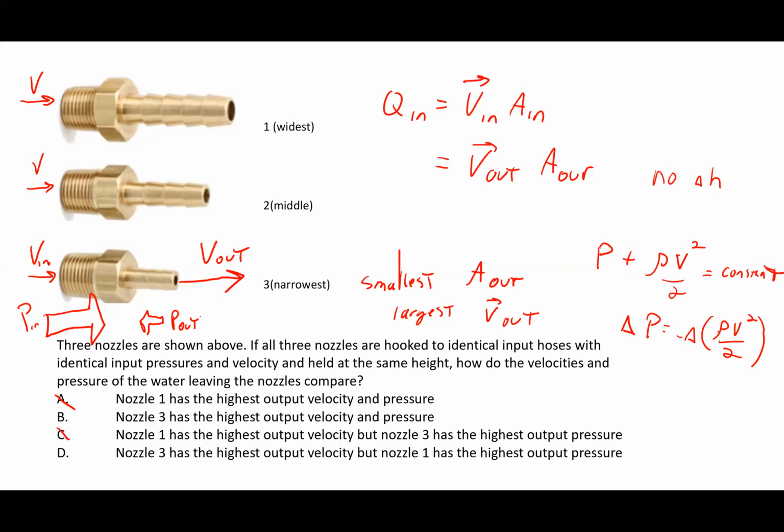And that large difference in pressure provides a net force on the fluid here, thus having a large amount of work done on that fluid, which leads to the larger change in velocity. So up here for the widest, the velocity doesn't change by that much, so the pressure drop is also going to be a little bit smaller.